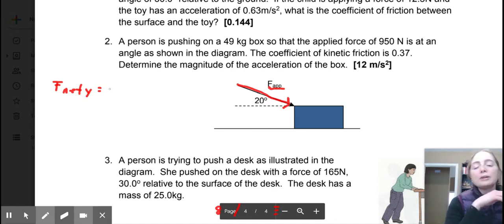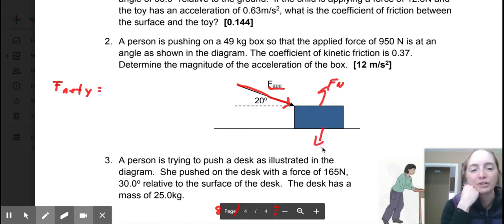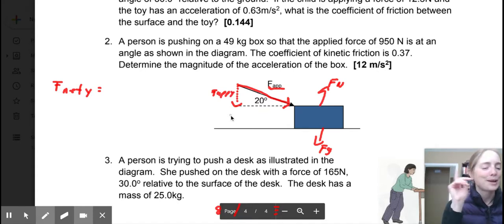Okay, so on the y, same as for F net y, we have our normal force acting on the object. We have our Fg. But notice, ladies and gentlemen, on your diagram, our force applied on the y is going down. So that's going to change how we set things up.